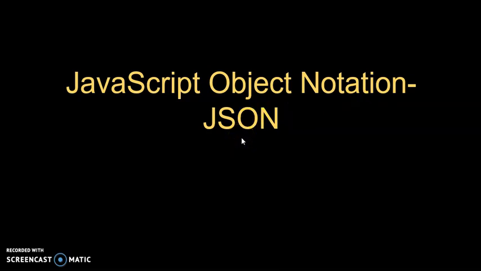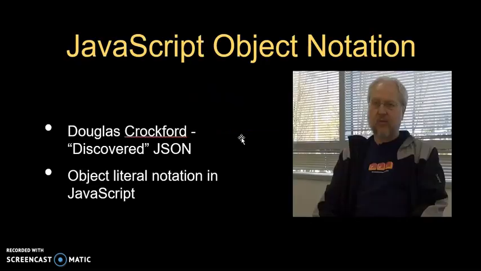Before we start, let's have a brief look at JSON. It was discovered by Crockford, as object literal notation in JavaScript. The JSON format was inspired by the object and array format used in the JavaScript language.